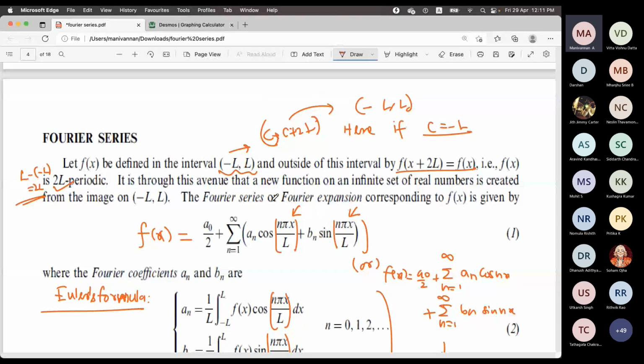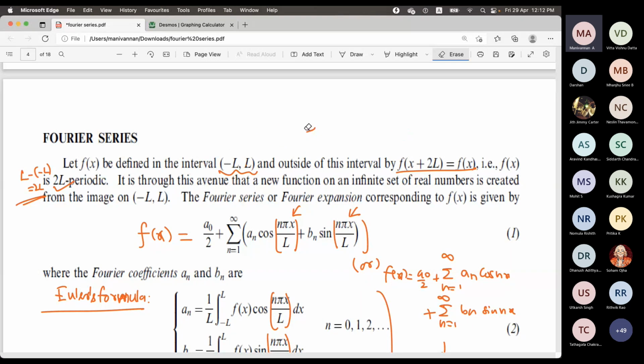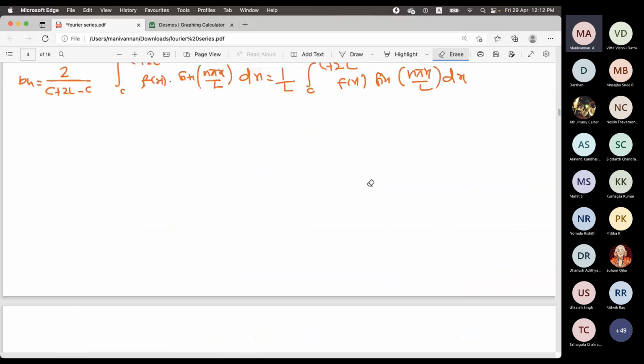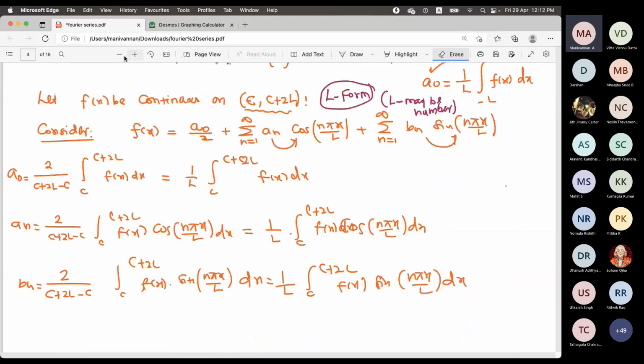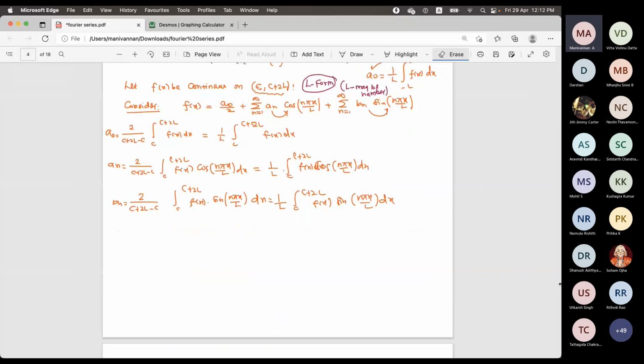Yes, sir. Okay, now the important thing is that there are 4 types of formula you have to understand. The problem is very simple. You have to choose the formula properly. Consider this.